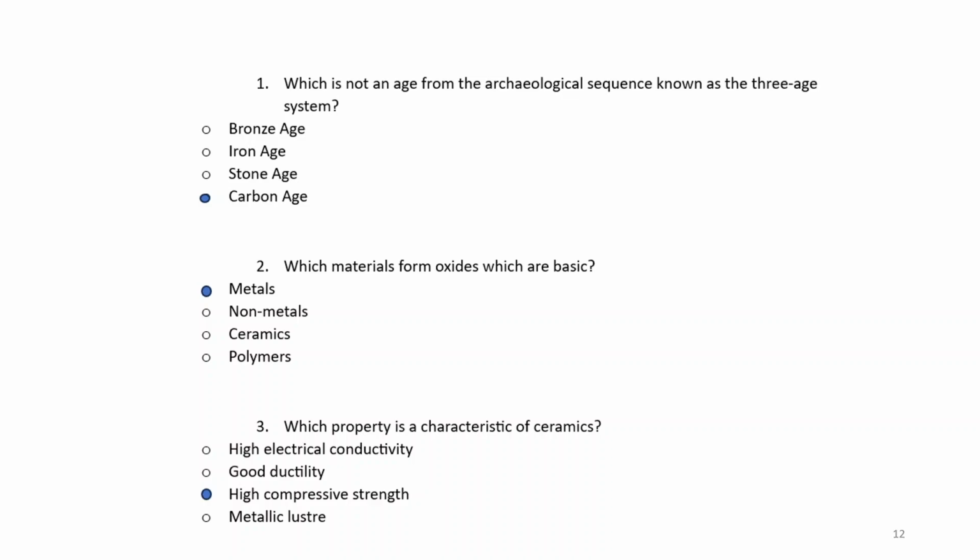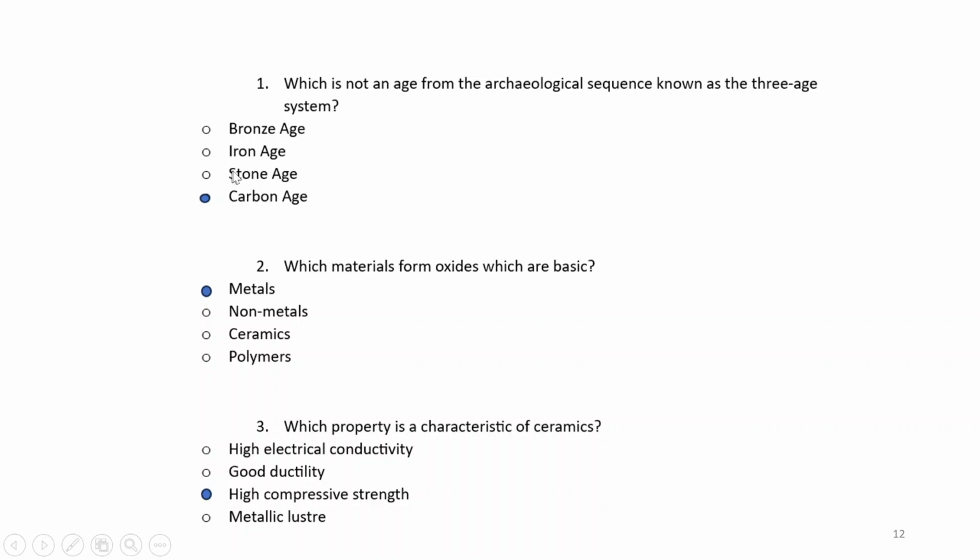Now some of the other questions from the lecture slides are, first question is, which is not an age from the archaeological sequence known as the 3-age system. So as you have gone through lecture slides or lecture videos, then I think you should know the correct answer. Three archaeological sequence are Bronze Age, Iron Age.